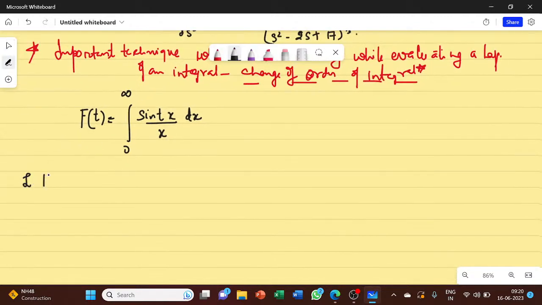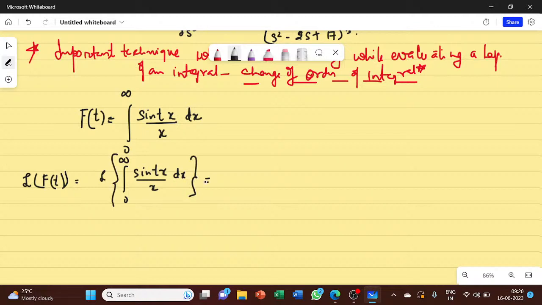The Laplace transform of f(t) is equal to the Laplace transform of the integral from 0 to infinity of sin tx upon x dx, which is equivalent to the integral from 0 to infinity of e to the power minus st times the integral from 0 to infinity of sin tx upon x dx, dt.